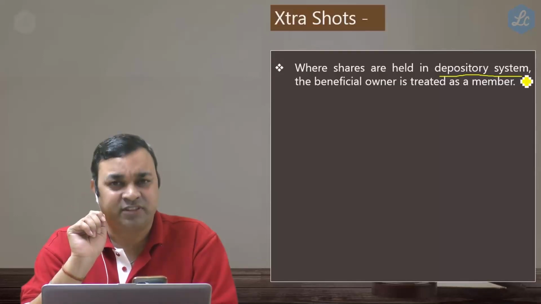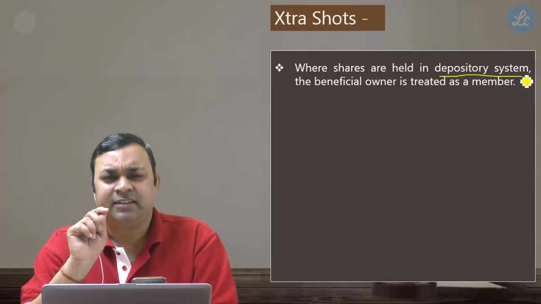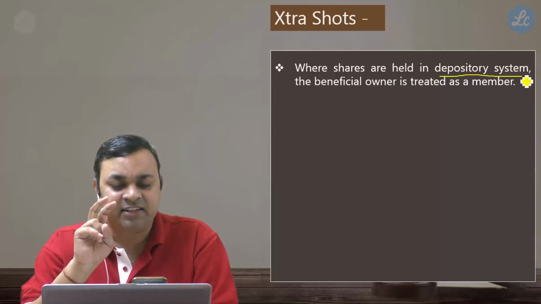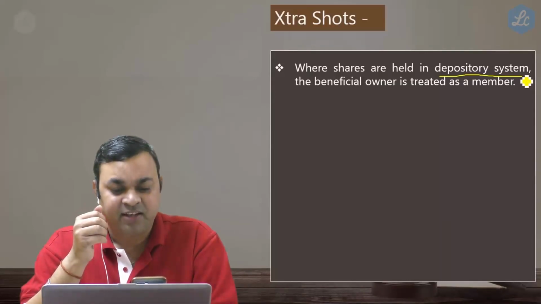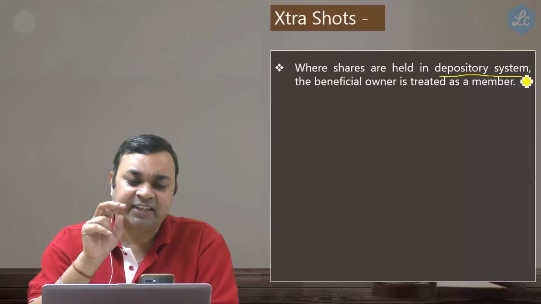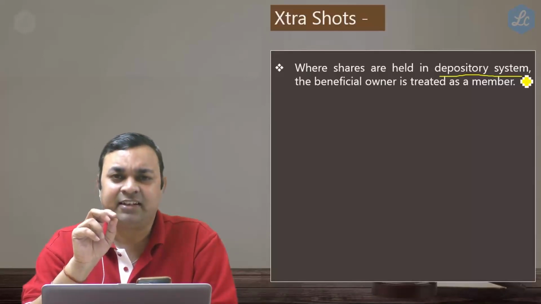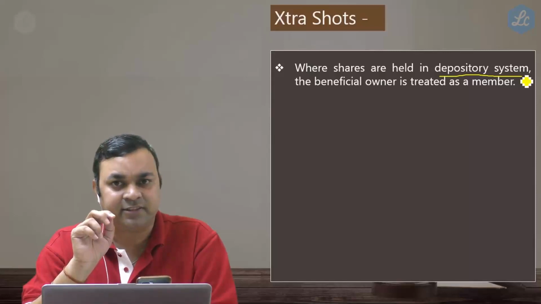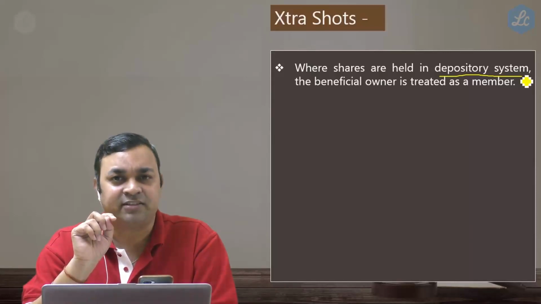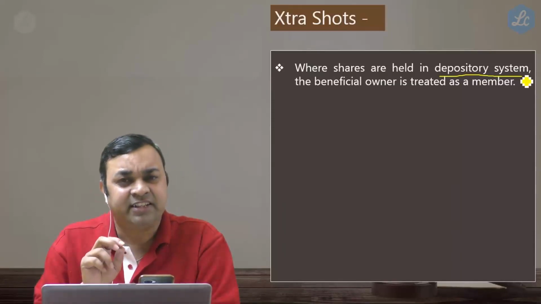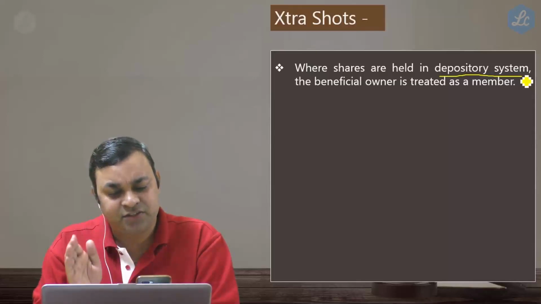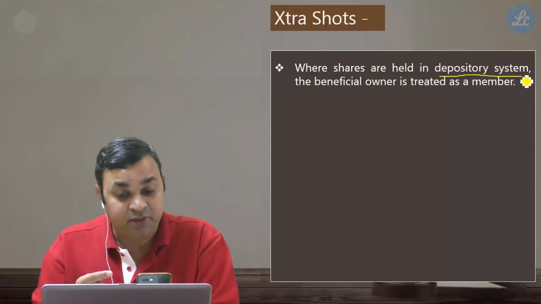There is an act called the Depository Act 1996. There are two kinds of depository in India. First is CDSL, Central Depository Services Limited, and second is NSDL, National Securities Depository Limited. What is the function of these depositories? They convert the physical shares into electronic form.